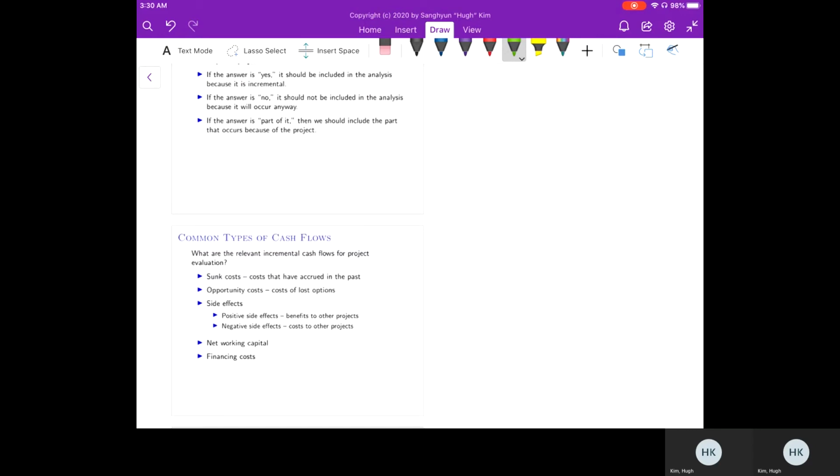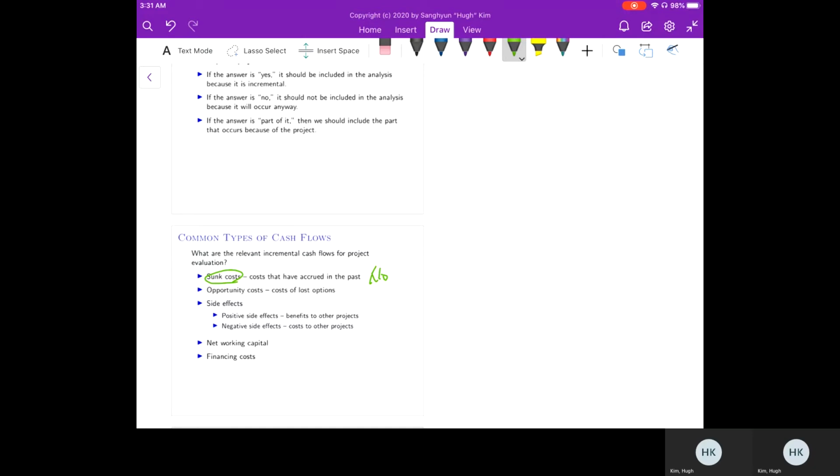Let's look at some of the common types of cash flows and see if we can determine which are incremental cash flows that are relevant for the capital budgeting analysis. So we have sunk costs. Sunk costs are costs that have accrued in the past, and these are not relevant incremental cash flows for capital budgeting analysis.